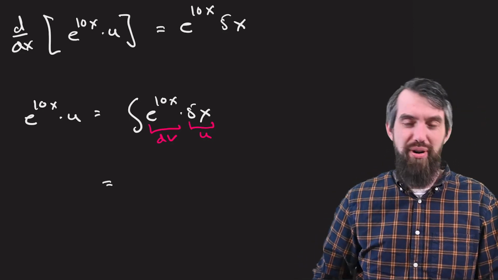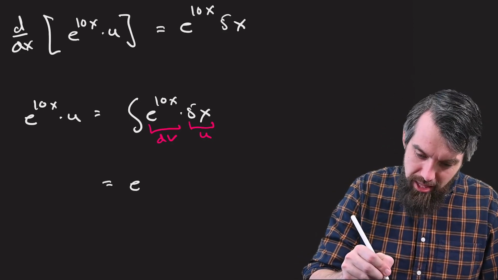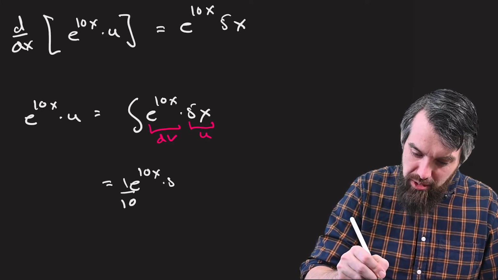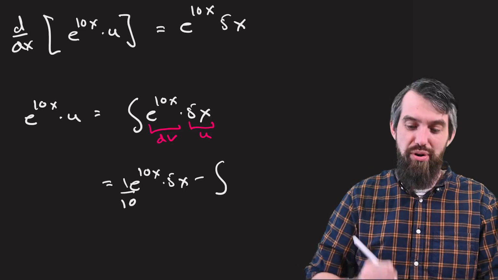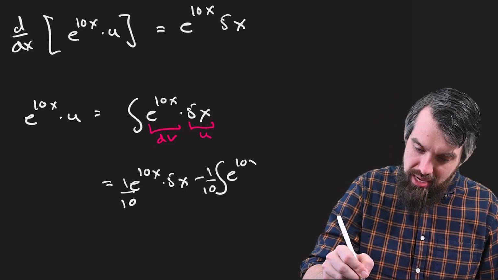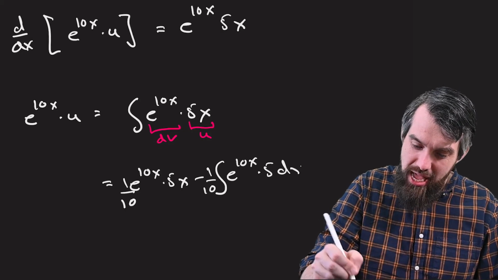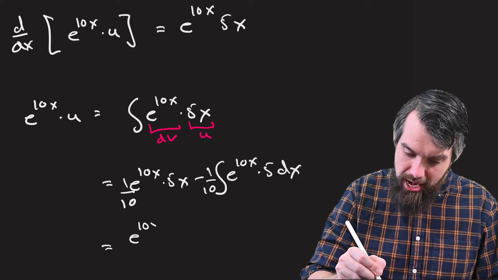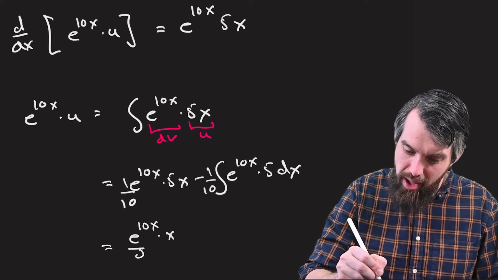Anyways, what is it? It integrates to u times v, so e to the 10x divided by 10, multiplied by 5x, minus the integral of v du. So I have a 1/10 e to the 10x times 5 dx. Finally, I can come here and say this is going to be e to the 10x times x divided by 2.